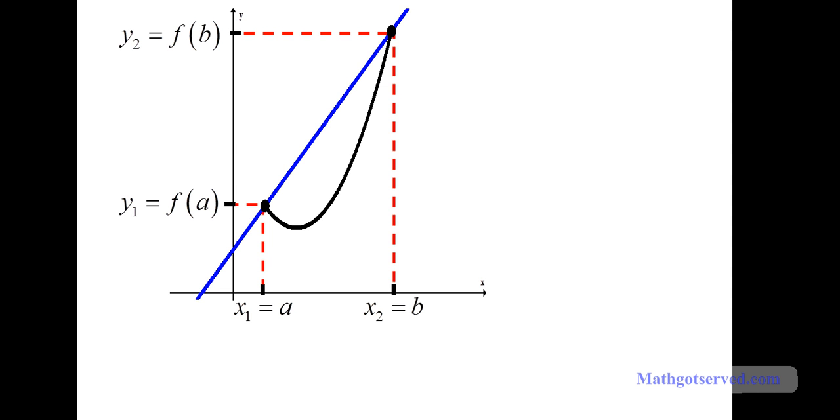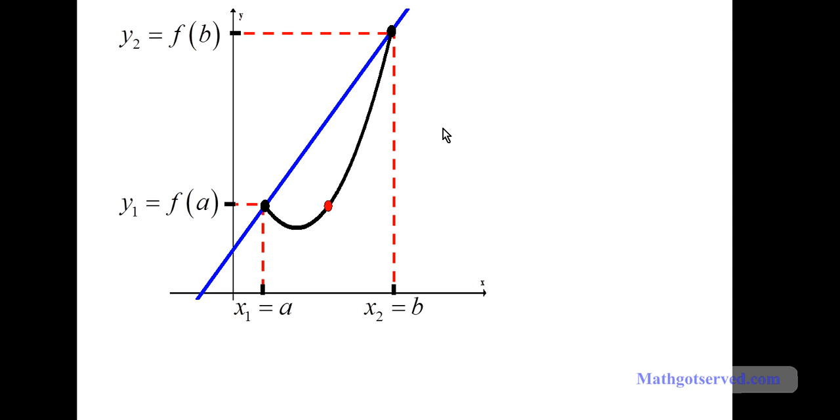Is it the secant line or the tangent line? If you notice, this line goes through two points on the graph. That makes it a secant line. So this will be the right side of the equation of the mean value theorem.